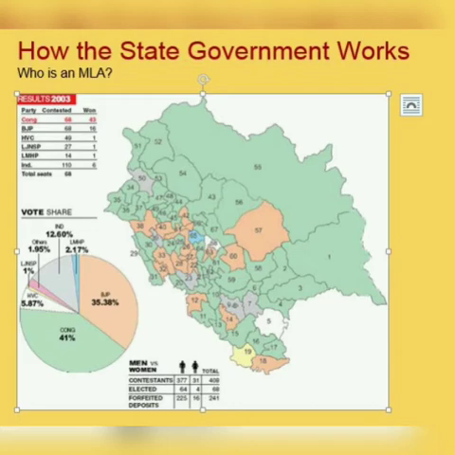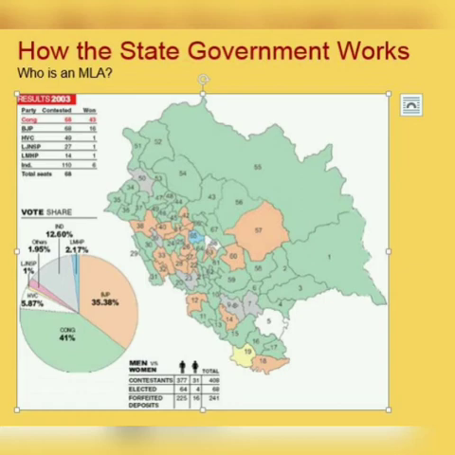For example, the Legislative Assembly of the state of Himachal Pradesh has 68 MLA constituencies, and the result of the assembly election in Himachal Pradesh in 2003, just look at it in your book. Indian National Congress secured 43 seats.